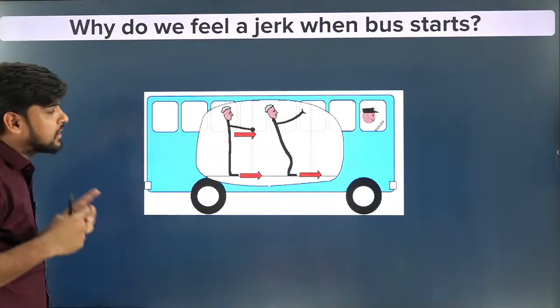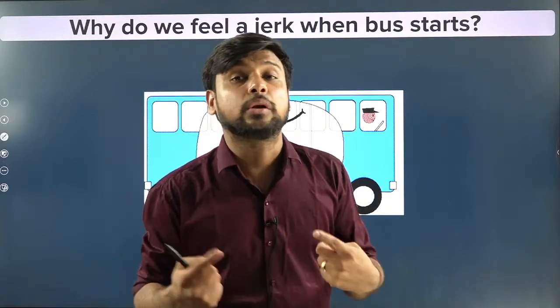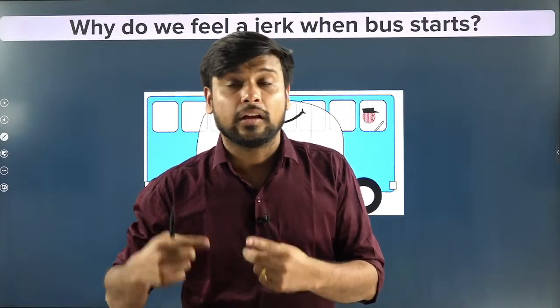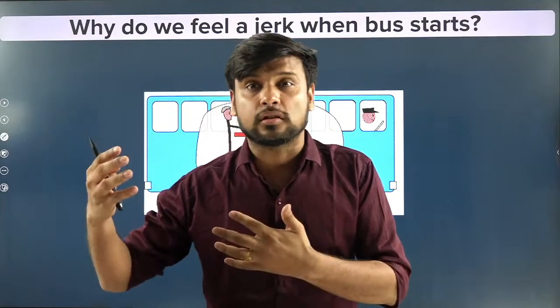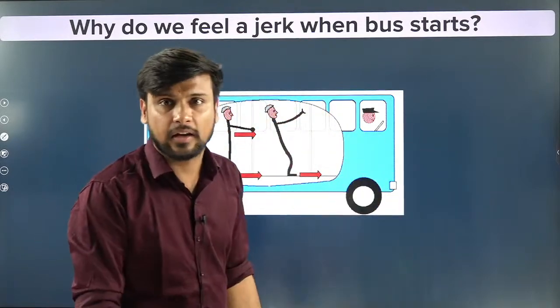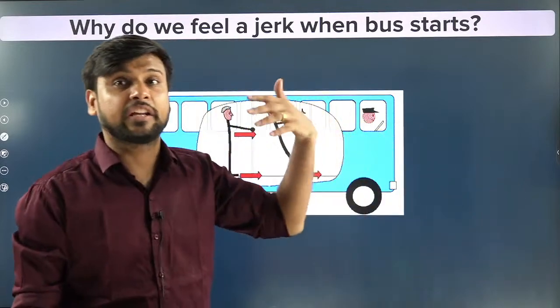To all these questions, today we will try to understand the reason behind it, and who was the person who gave the reasons or the laws to explain all these things happening around us. This was happening long before. It's not that these things happen only after Newton explained the laws.